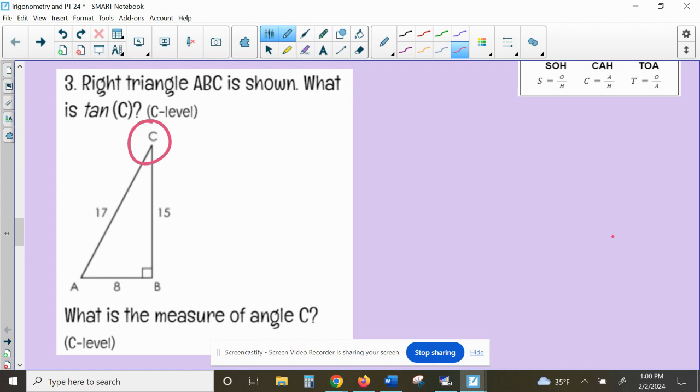So who's your hypotenuse? 17. Who's my opposite? 8. And 15 is my adjacent. Okay, so we have them labeled.